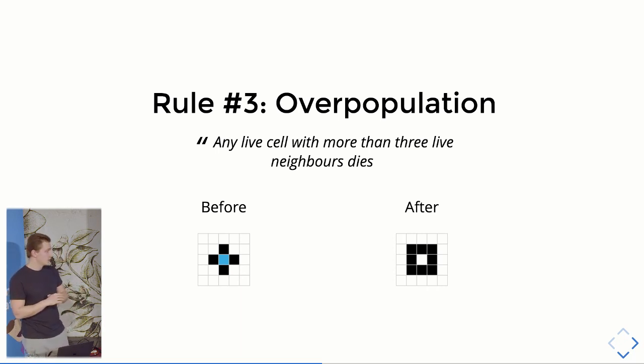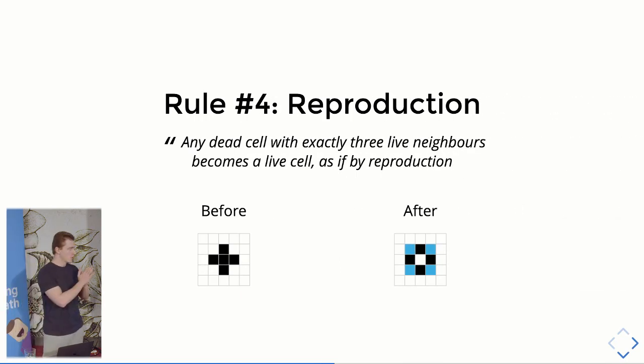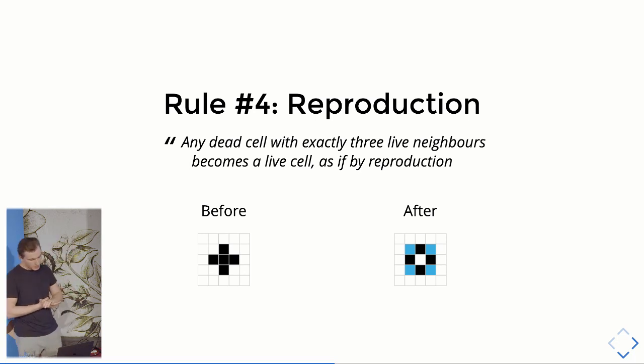And here you can see that we have something that can remind us of a plus sign that gets transformed into a box, and the live cell in the middle dies. And why we actually get the box is because of rule number 4, which is reproduction. Any dead cell with exactly 3 live neighbors becomes a live cell. So those highlighted cells in the previous generation were dead, and all of them had 3 live neighbors. That's why we get the box.